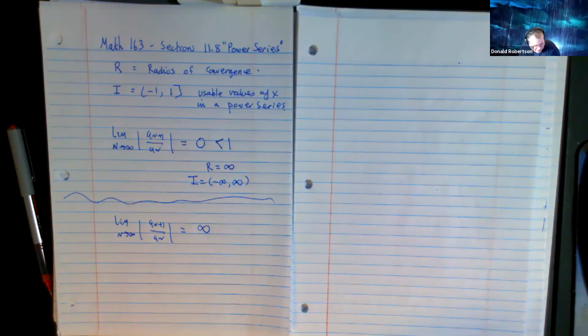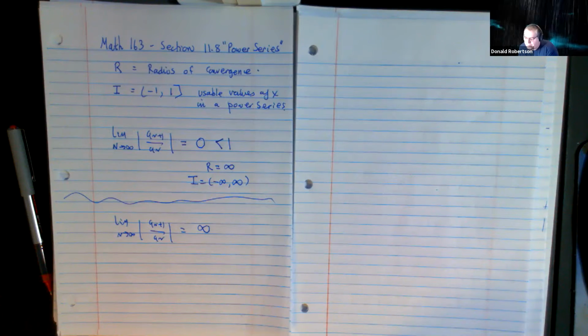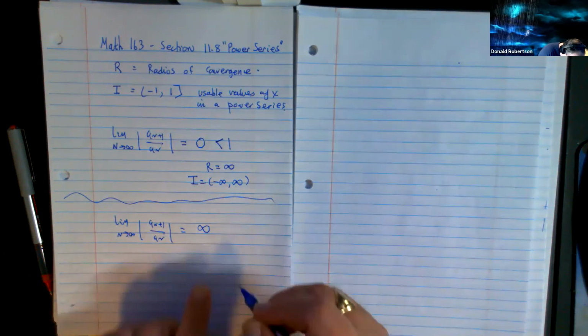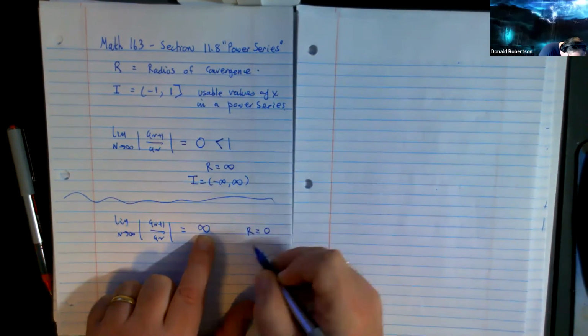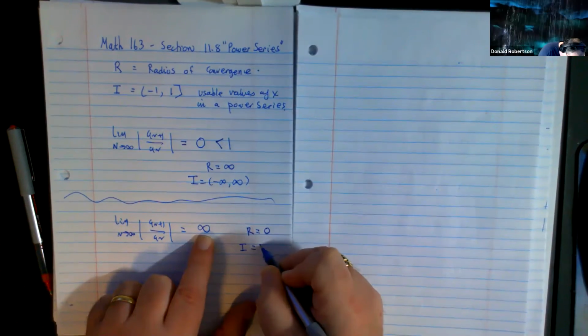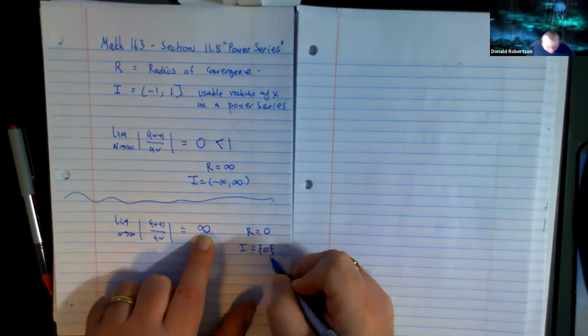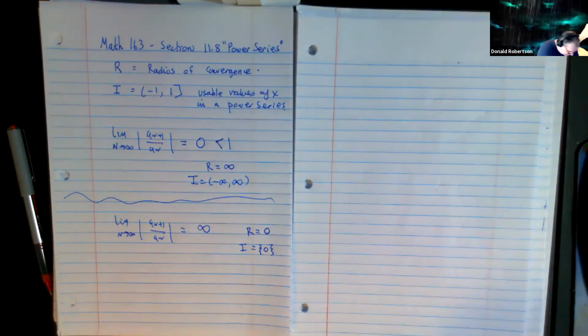But there's a special case. For power series, when x is 0, every power series in the universe works. So when this is infinite, the radius of convergence is 0, and the interval of convergence is a single value of x, the value of x being 0.